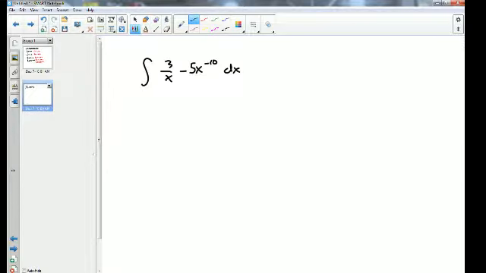In derivatives, you are instructed to rewrite this as a negative exponent. But here, what's the antiderivative of 1 over x? Natural log. So we just leave it. So this is 3 natural log absolute value of x. Okay, and then what is that antiderivative?